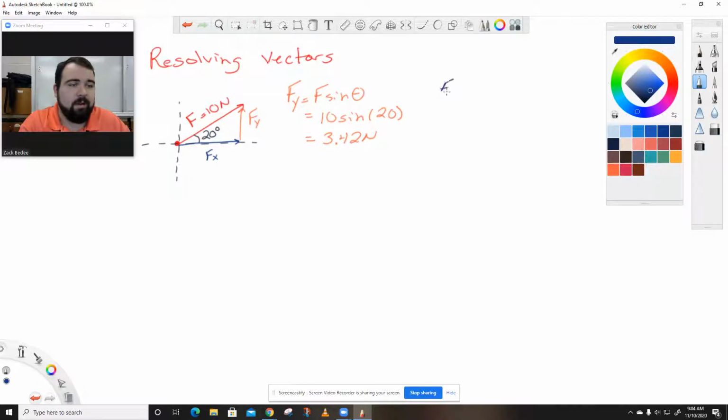Now we also need to do our x component. Use the cosine function there. And that one will come out to 9.4.